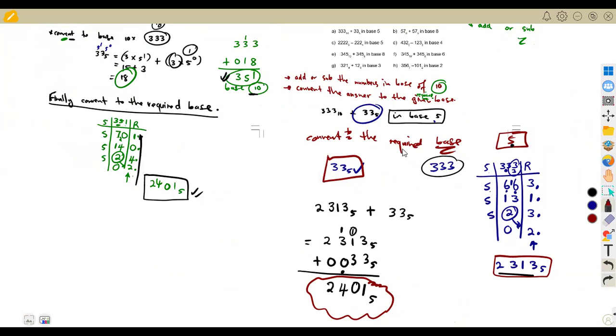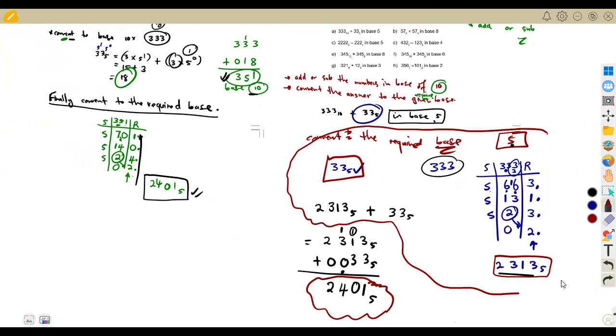Or are you going to make sure that in the first place, the numbers are already converted to the required base, so that you can simply now add or subtract?